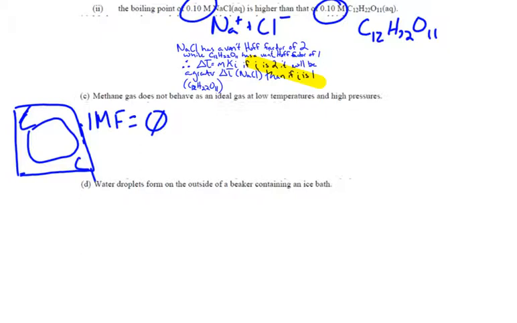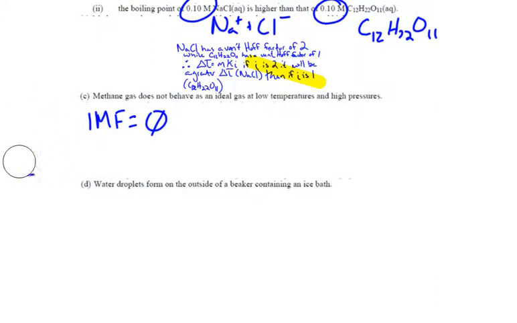At high pressures, that volume the gas takes up is going to start to become important. So at low temperatures and high pressures, two statements or two postulates of the kinetic molecular theory are violated.